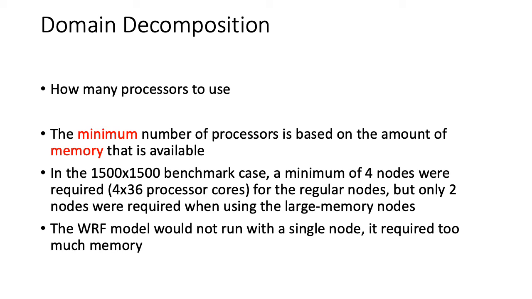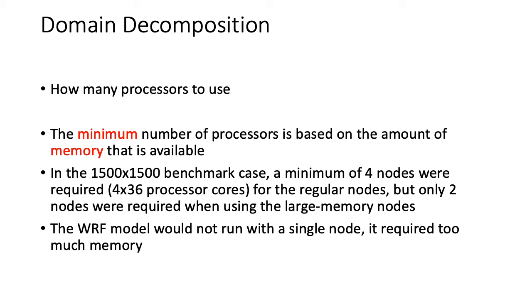The minimum number of processors that we can use for WRF is based entirely on memory. The WRF model has a fixed amount of memory that is required based on how many grid cells, how many vertical levels, what kind of physics, etc. If you choose a small number of MPI tasks, that means that you have a relatively large set of grid cells in a particular patch that an MPI process is running.